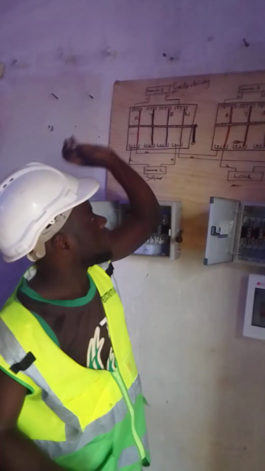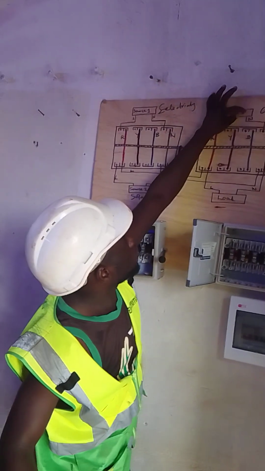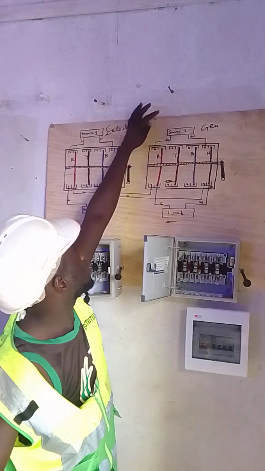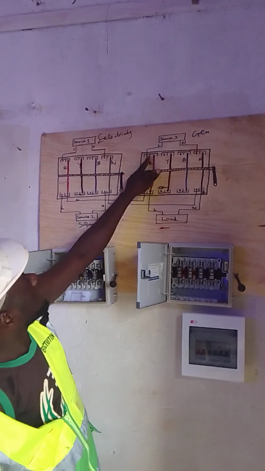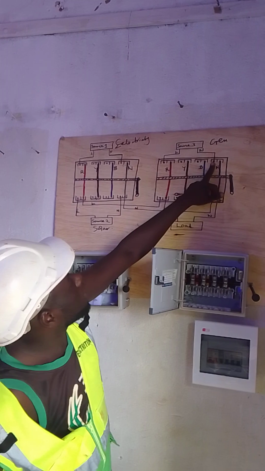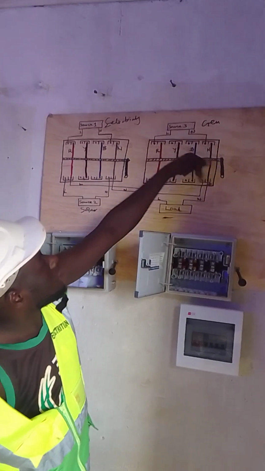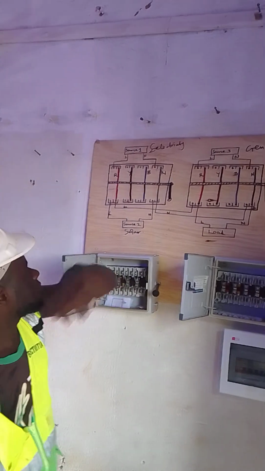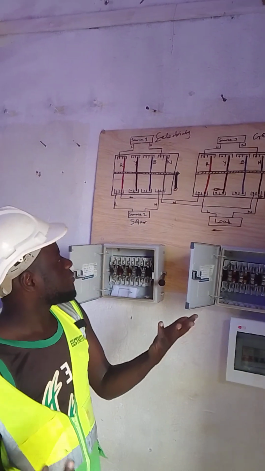The third power source, as you look at it, this is our generator. Our supply will come straight, the live will come to the input terminal, as well as the neutral will come to the input terminal of the neutral link. So if you look at this one, it is now very simple.